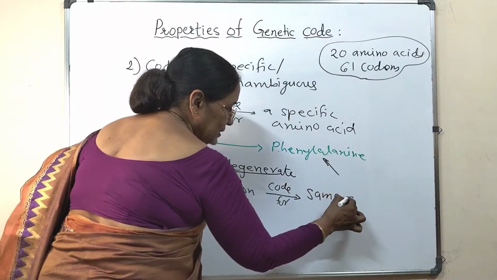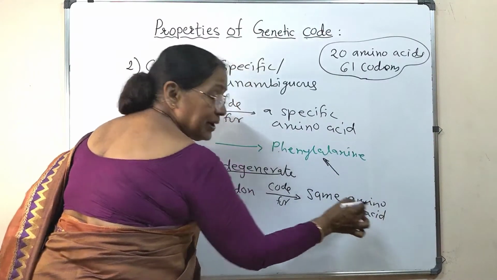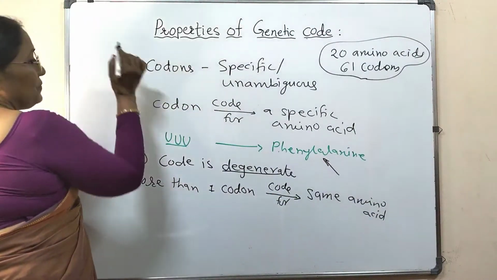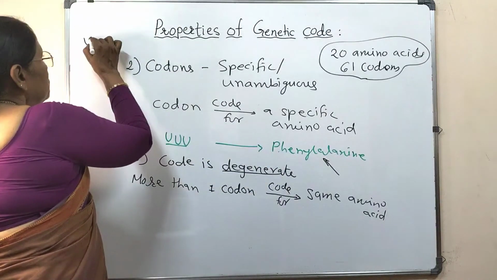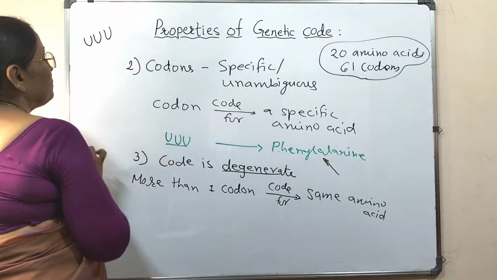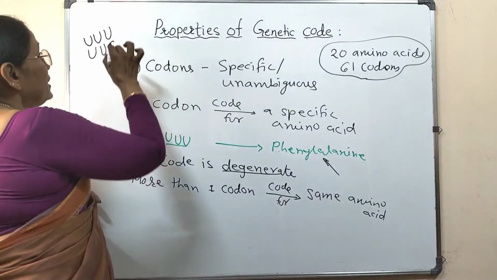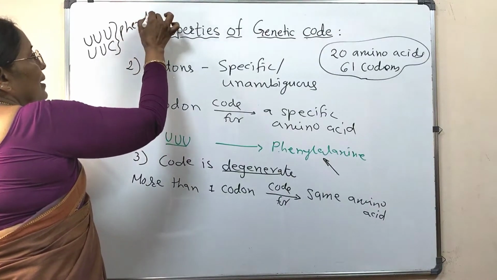We will take a few examples. For example, take the example of phenylalanine only. UUU and UUC, these both code for phenylalanine.